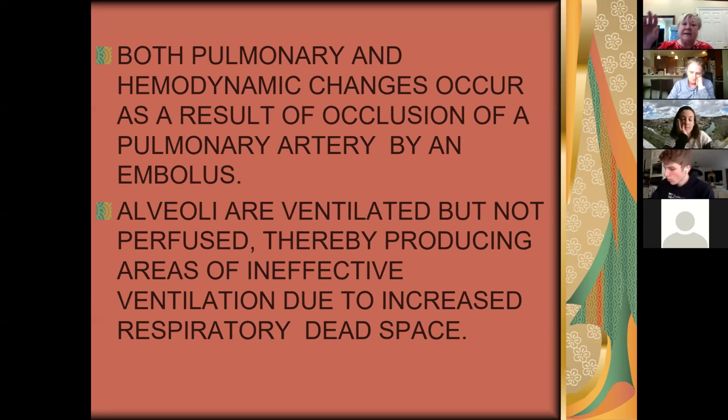And blood didn't get back to the left side of the heart, so perfusion is affected. So that's why you're going to get hypoxia, no gas exchange, no blood flow, and you die from the hemodynamic changes of no blood flow going into the heart, no blood flow going out of the heart. Okay?